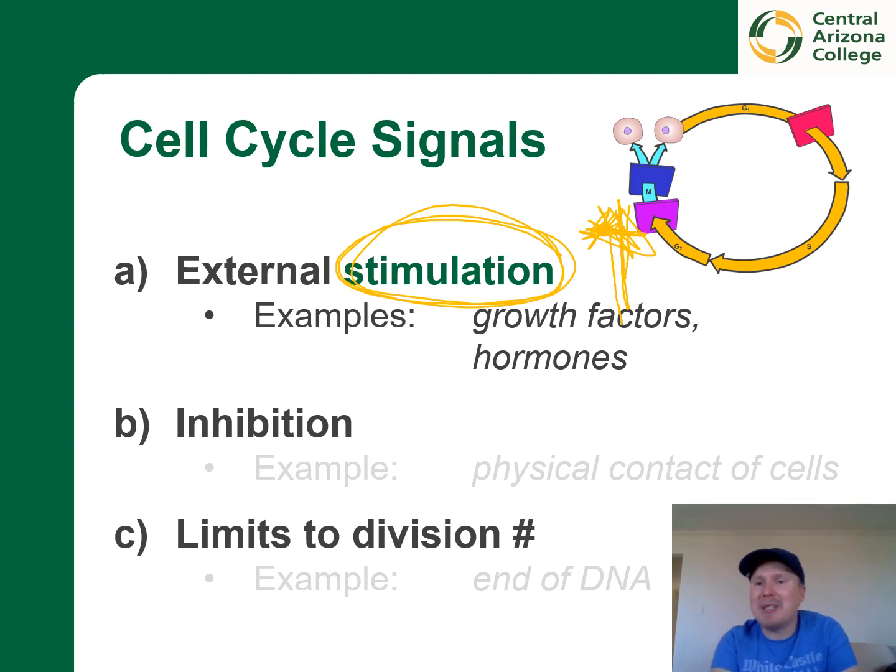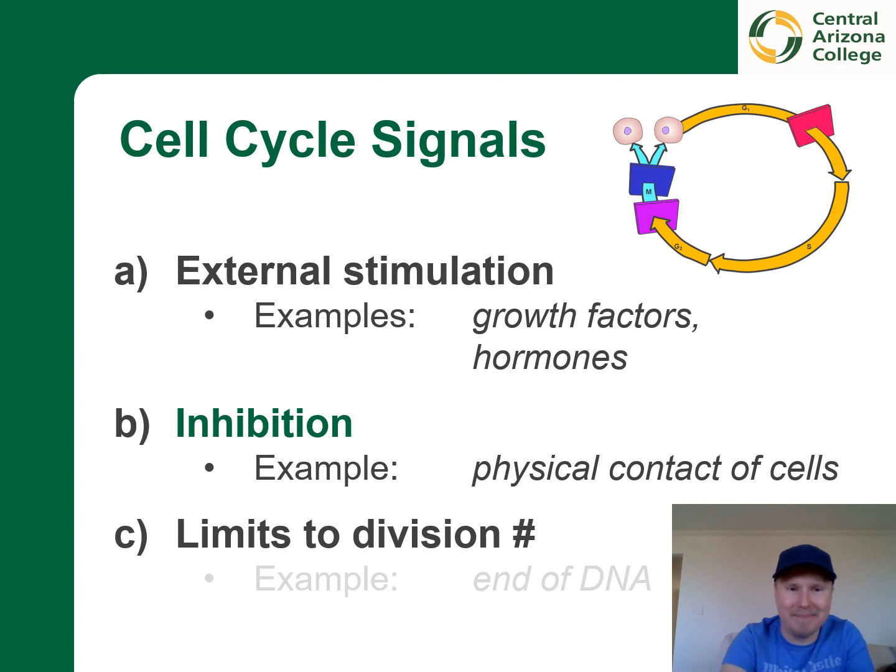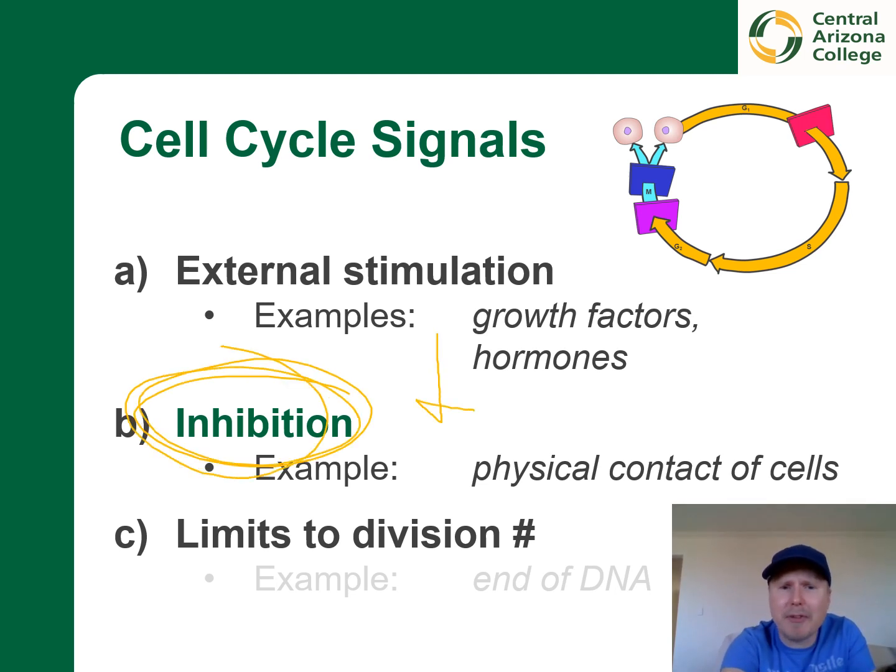Let's have a look at how the cell cycle process can be inhibited. So the opposite from what we saw earlier. One example of this, and the one that I have picked here, would be when cells grow in a closed space.